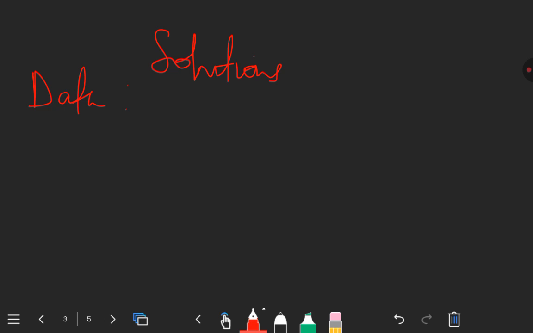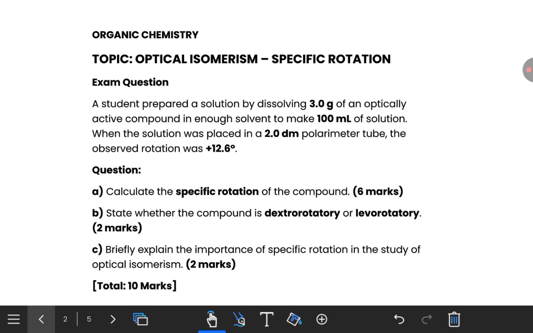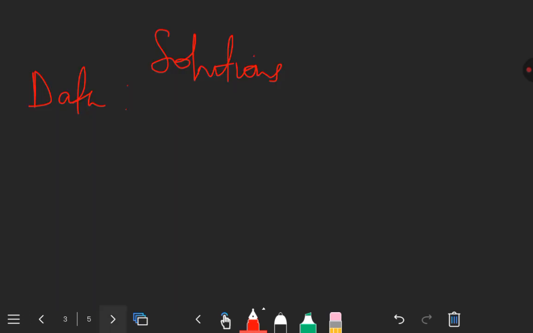What we've been given: the mass, which was 3.0 grams.